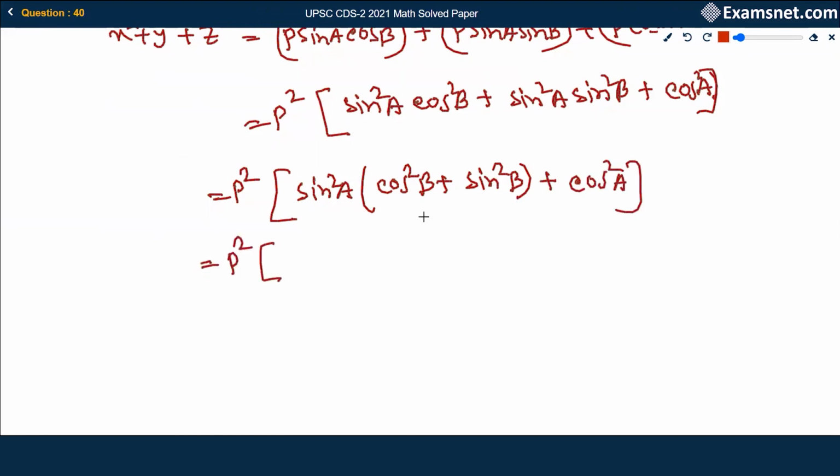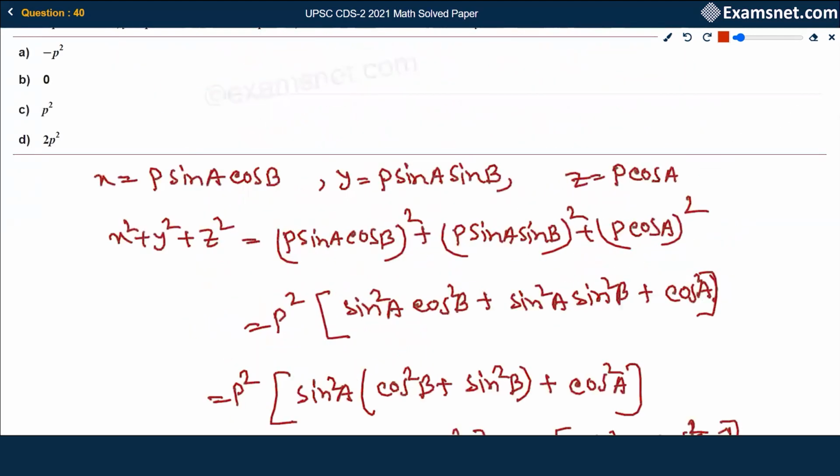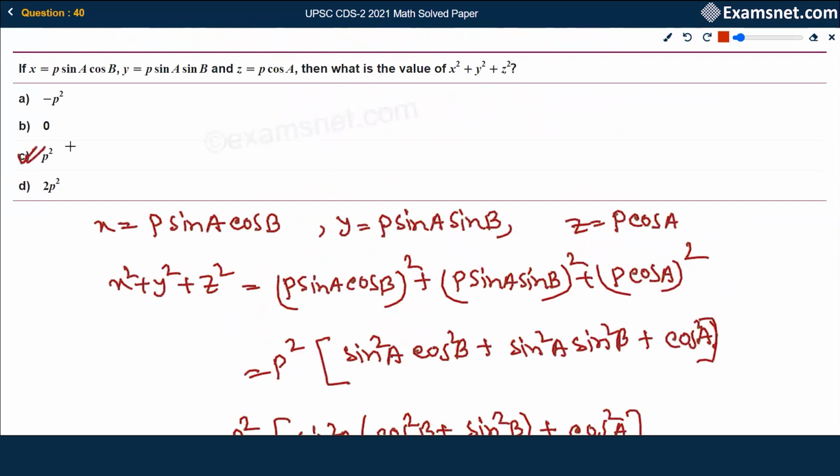We know cos square b and sin square b, the sum of them is 1, since sin square theta plus cos square theta equals 1. That means again sin square plus cos square will give us value 1. So here p square is the final answer. Option C is the correct answer here.